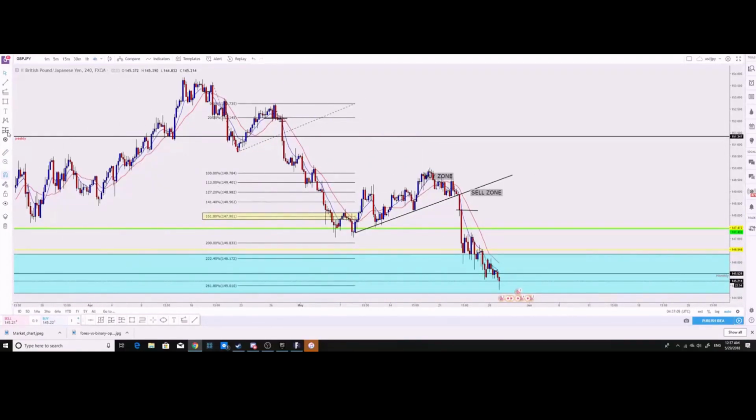But I'm going to give you the other expansion levels really quickly. If the market retraces off of 38.20, then the expansion level will be 224% to 61.80%. If the market retraces off of 50% on your Fibonacci, then the expansion level for that is 200%. If the market retraces off of 61.80%, just like it did right here, then the expansion level for that is 161.80.